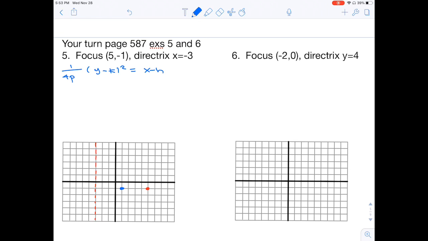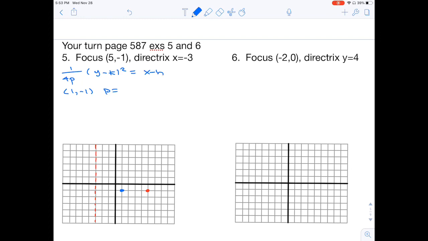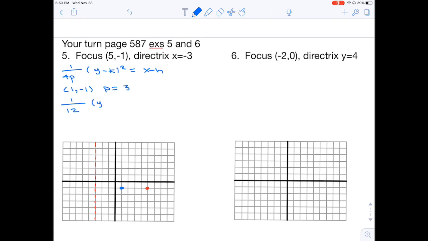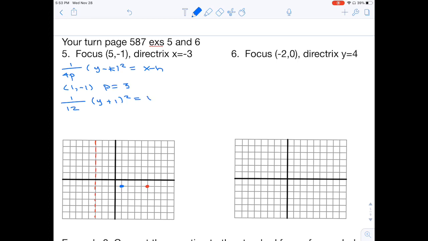So again, my vertex looks like it's located at (1, -1). And p is positive 3. So plugging those in, I get 1 over 4 times positive 3, which is 12, times (y minus a minus 1, which is plus 1) equals x minus 1.